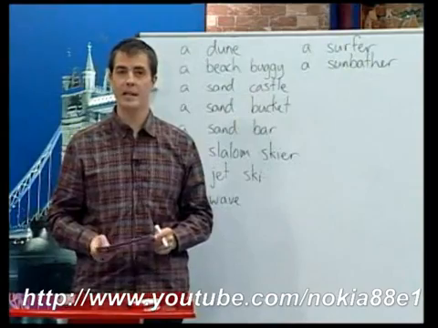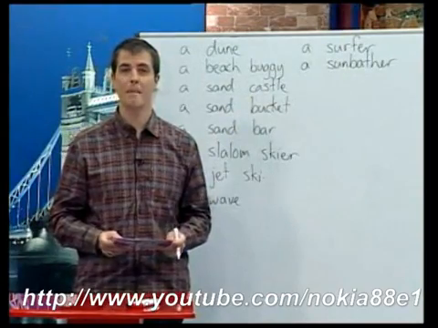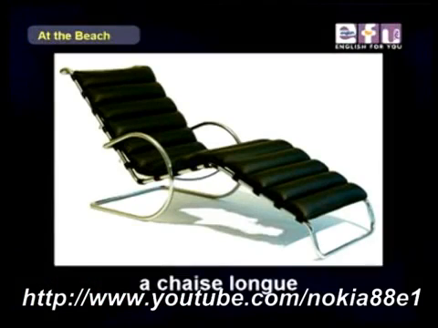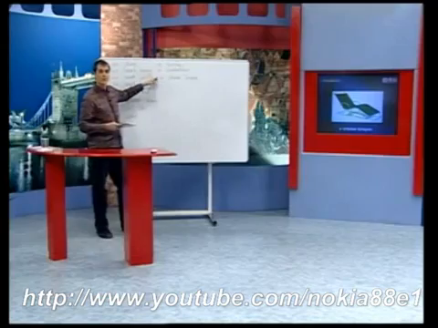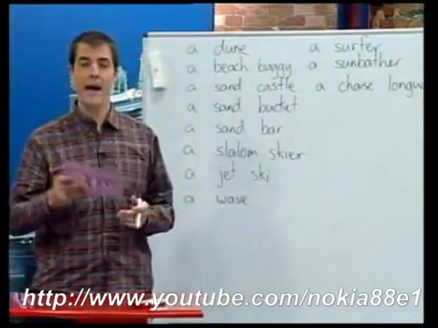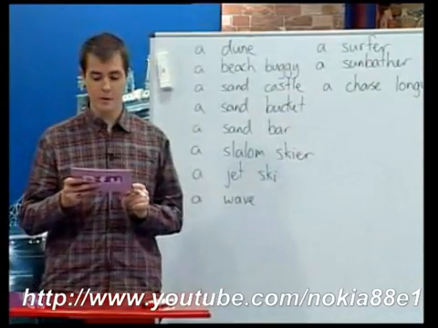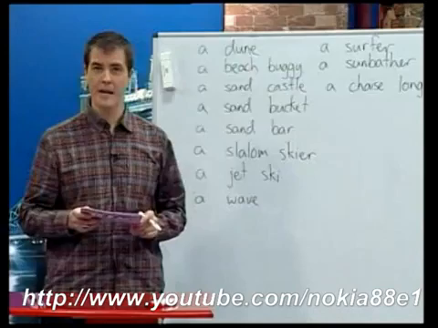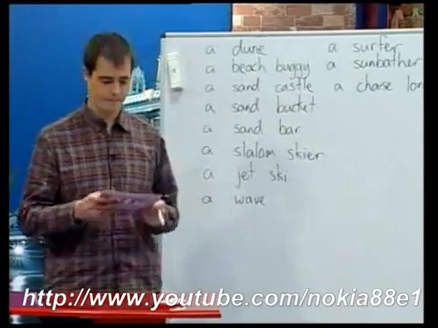And this person can either suntan or sunburn. A chaise longue is a long chair with a back that can be upright for sitting, or it can lie flat for sunbathing. And it's used on the beach.